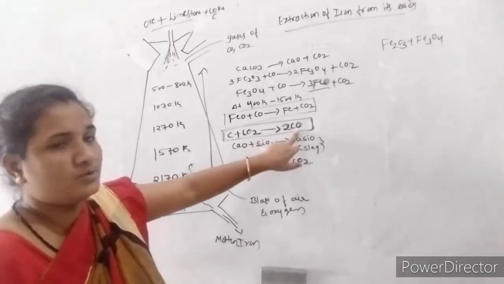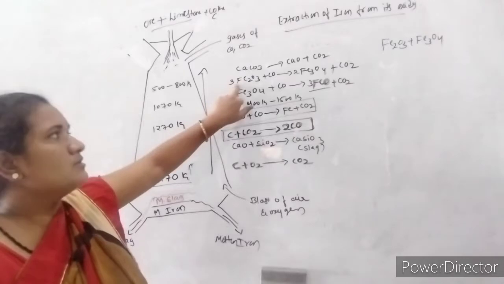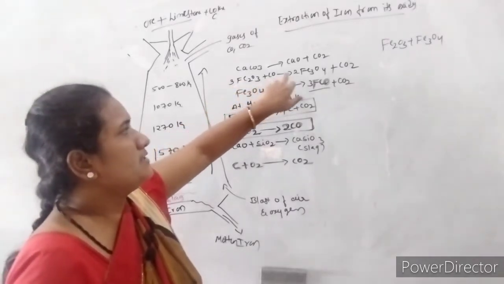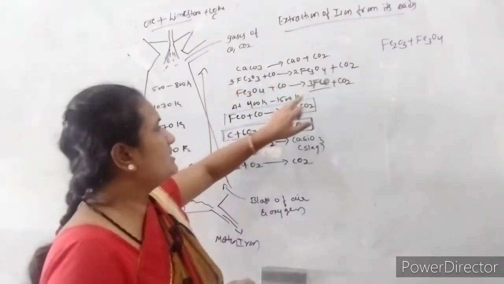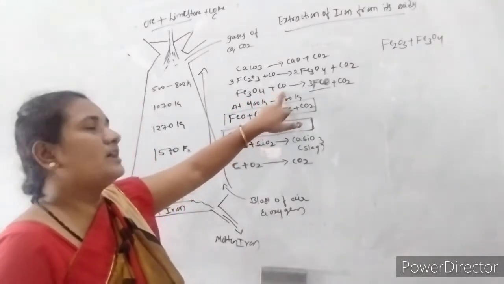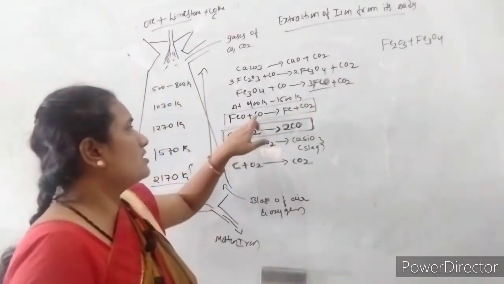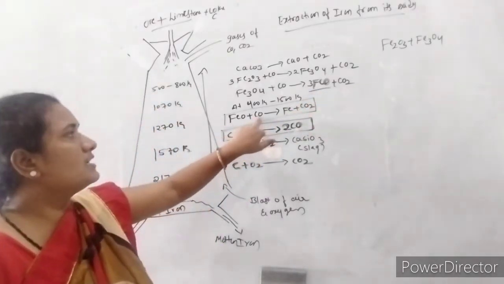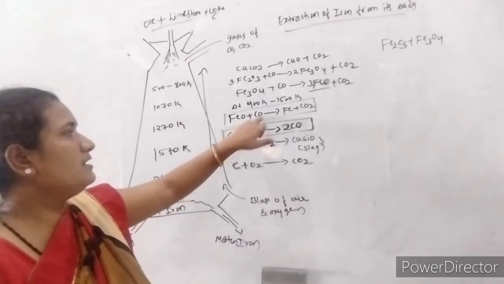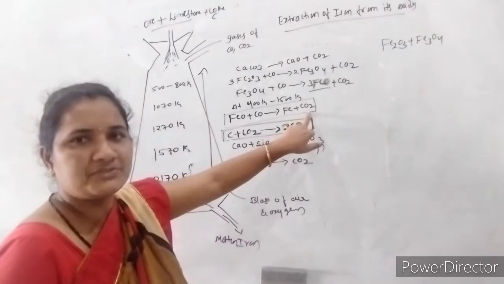Okay, when CO is formed, firstly it reacts with the hematite ore and is converted into Fe3O4. This Fe3O4 further reacts with the carbon monoxide and forms iron oxide. This iron oxide reacts with the carbon monoxide again, and then it is reduced into iron with the liberation of CO2.